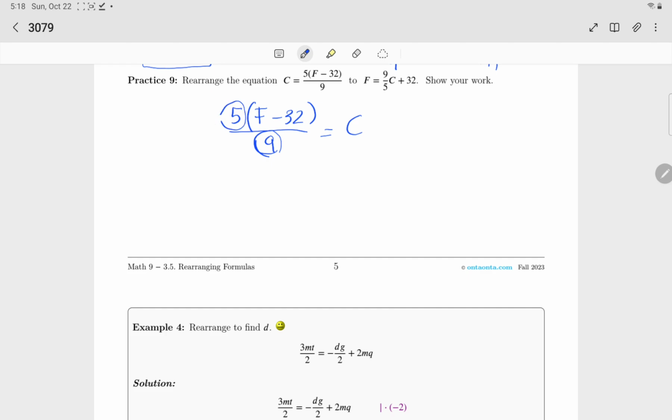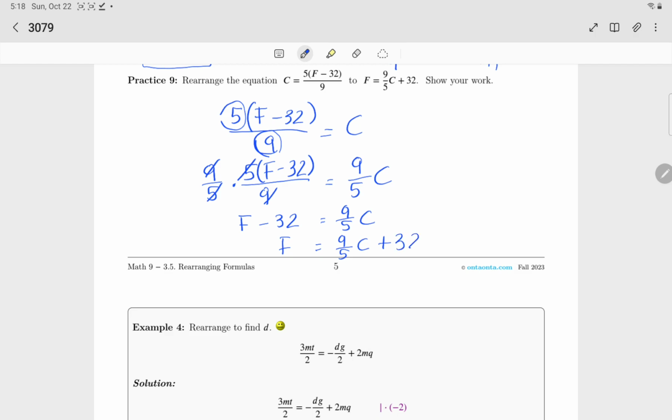So we're multiplying each side by the reciprocal, 9 over 5 times 5 over 9, and again, we do it to both sides. This leaves us with F minus 32 equals 9 over 5 Celsius. Final step is to add 32 to both sides, and this gives us the equation we wanted.